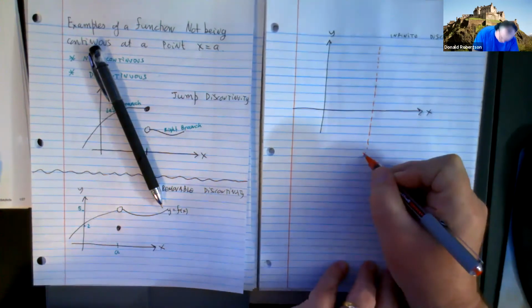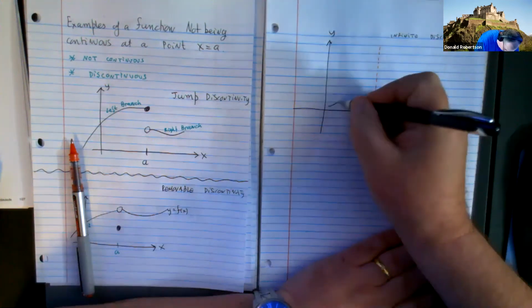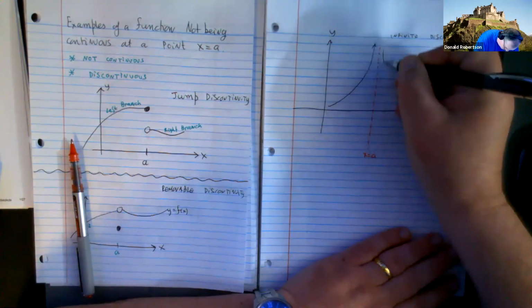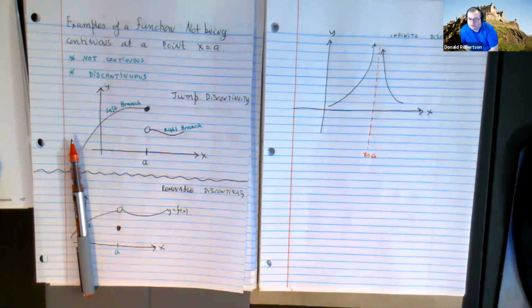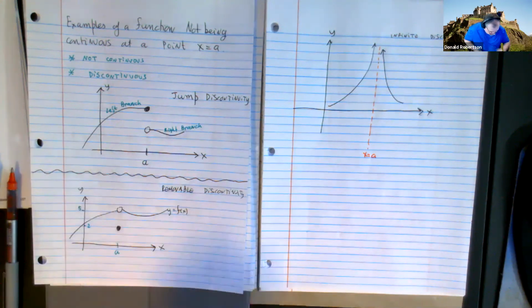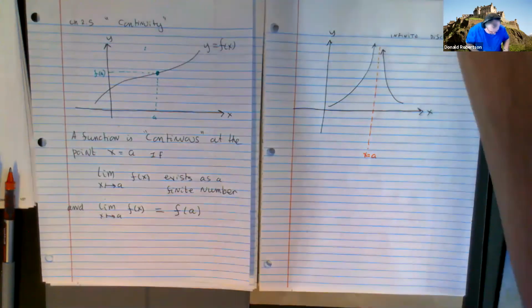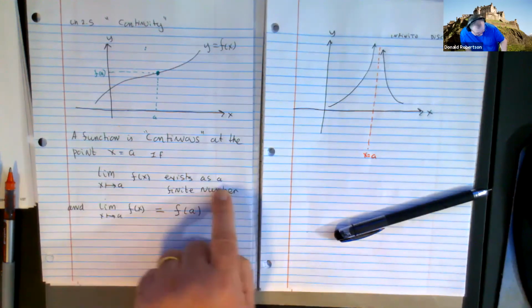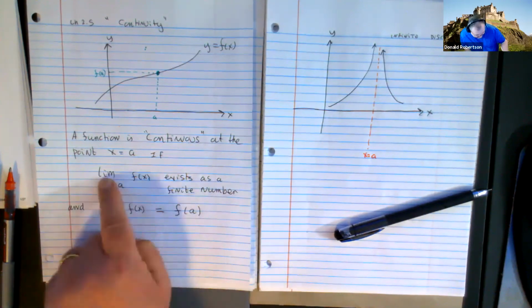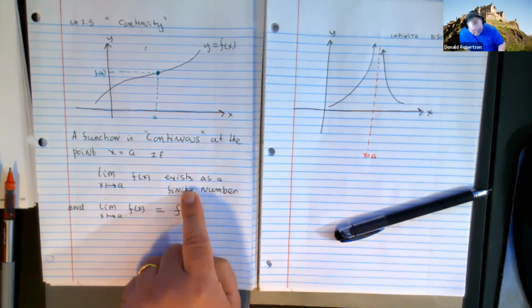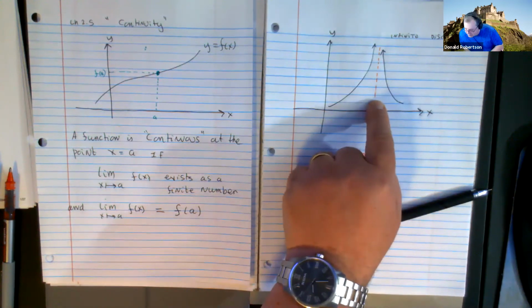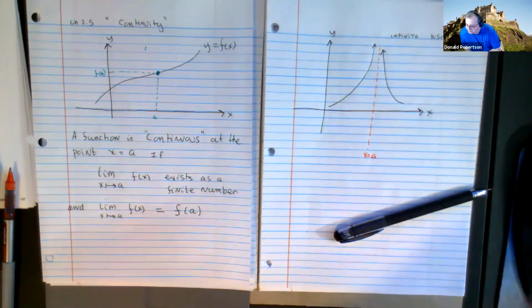So let's suppose there's a vertical asymptote at a, and in this particular function, the vertical asymptote happens to look like this. Then we say there's an infinite discontinuity at x equals a. How does that fail? Well, it fails here. Actually, it fails here as well. Doesn't the overall limit not exist as a finite number? The overall limit here is plus infinity, but that's not a finite number. It's not 42.